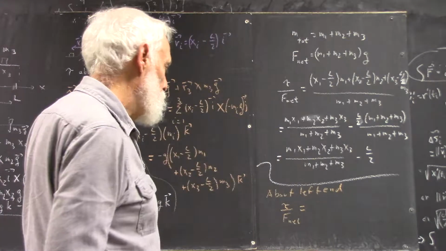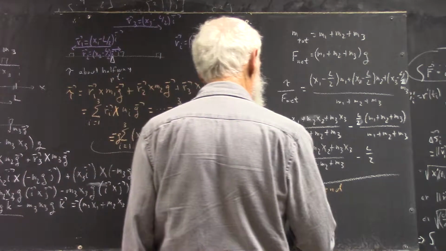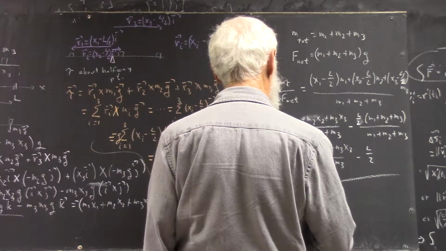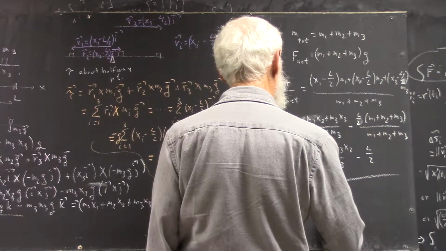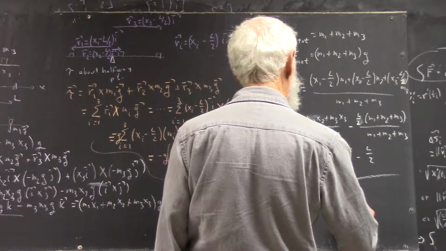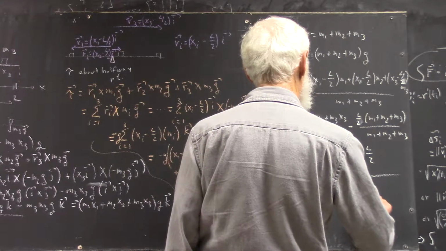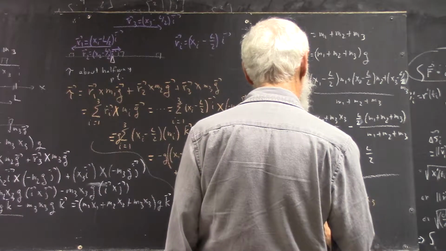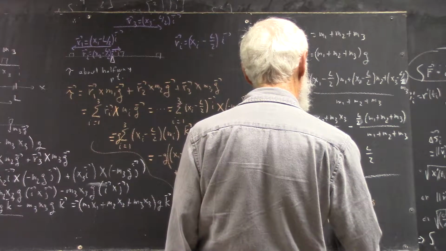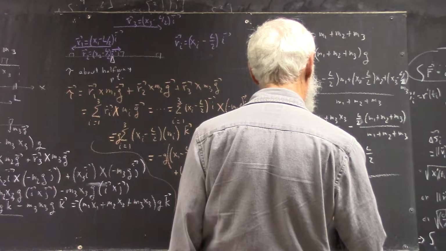The torque divided by F net comes out to be M1x1 plus M2x2 plus M3x3 divided by M1 plus M2 plus M3.